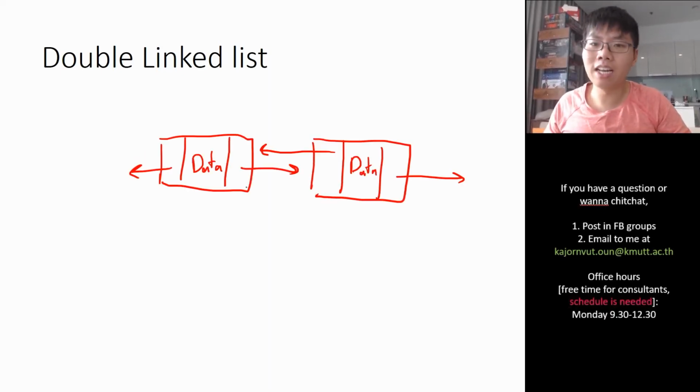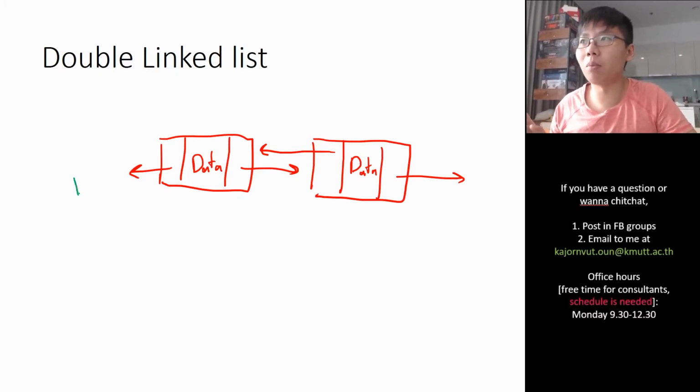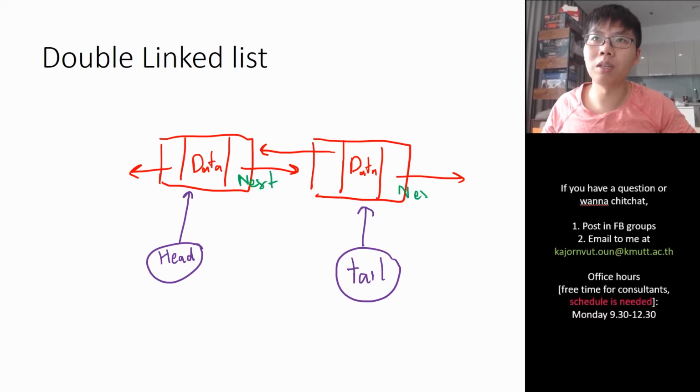If the pointer of a node points in the direction from head to tail, we're going to call that pointer the next pointer. So it simply means it points to the next node.